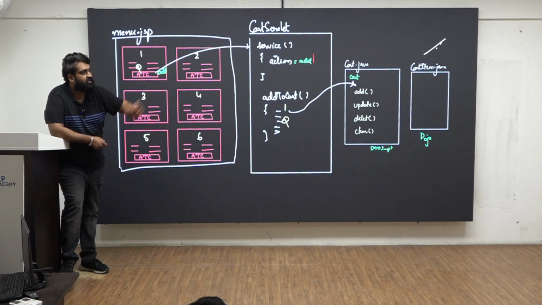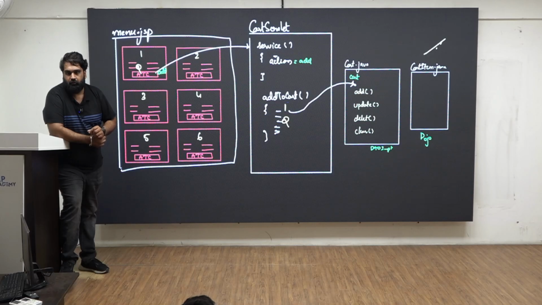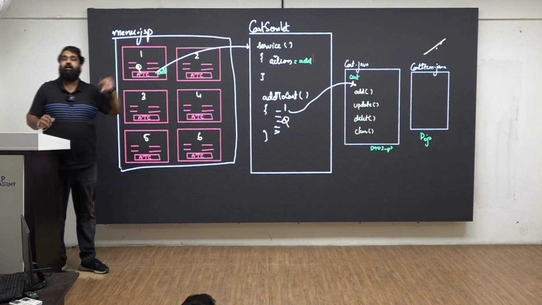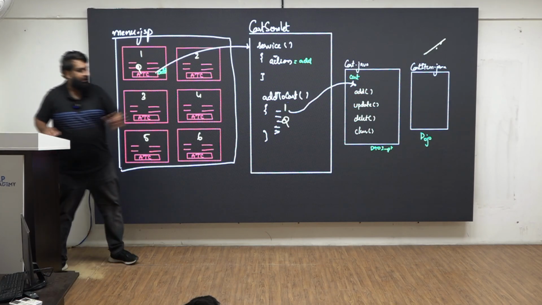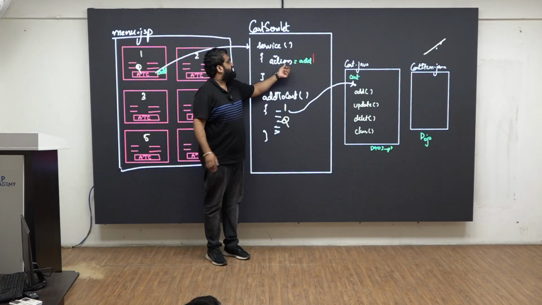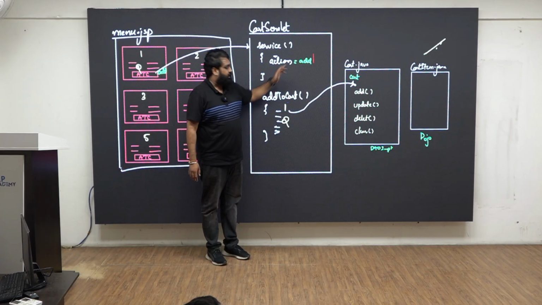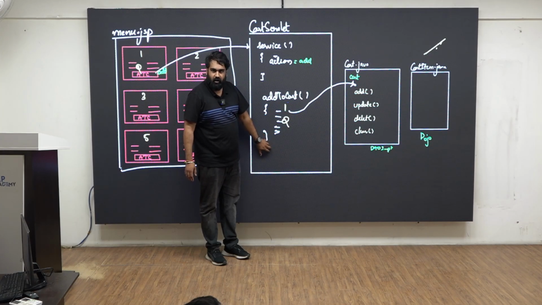Now I am writing add cart. What are the other operations that you can also do for a cart? Update, delete, or clear. So for some other button, I would give the action as update. Then I will check, is the action update? Then I would call one more method called update cart. I hope you are able to understand this.